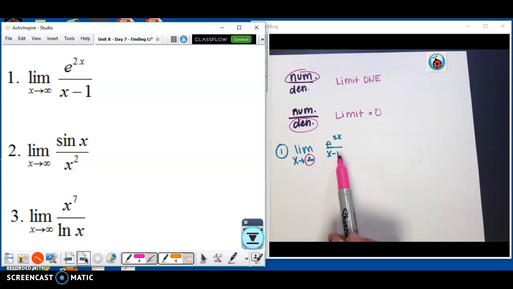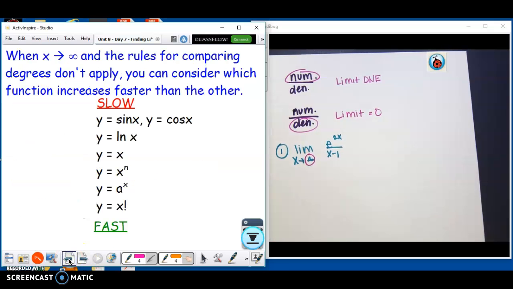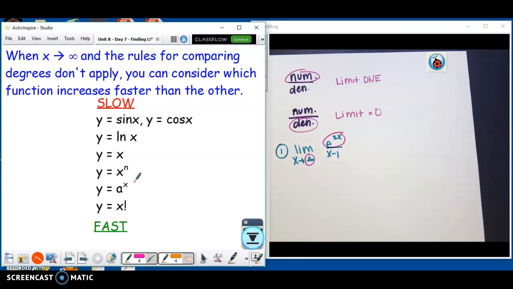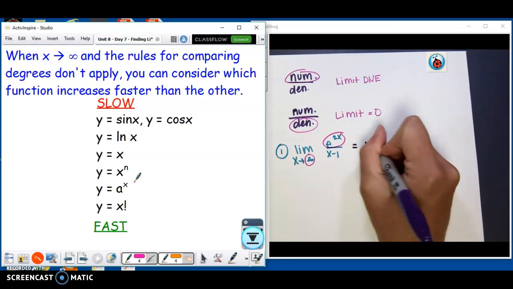So because we have two different types of functions, if you go back to my list, we just need to figure out which one's going to go faster. So e to the x would fall here. X minus 1 would be more of algebraic. So our e to the 2x is going to be faster. It says if the numerator is faster, then the limit doesn't exist.